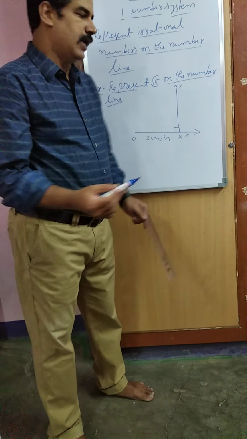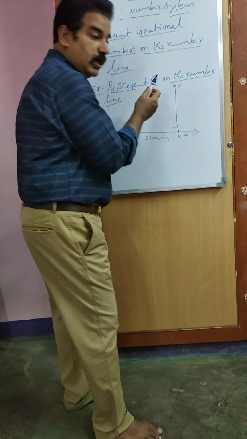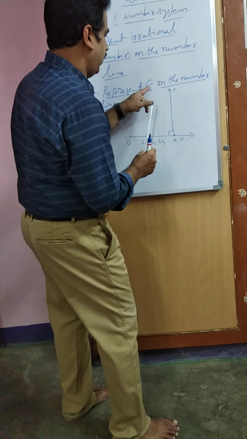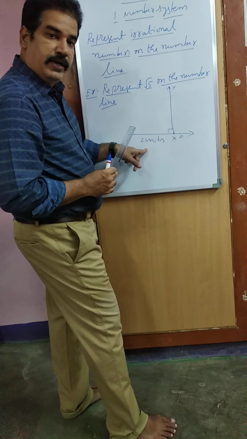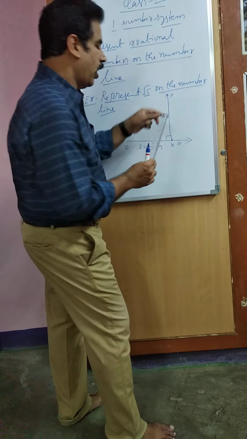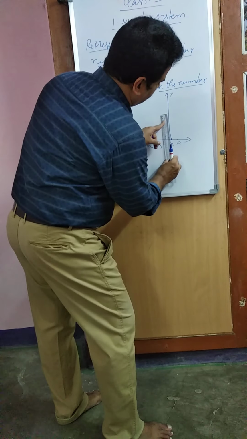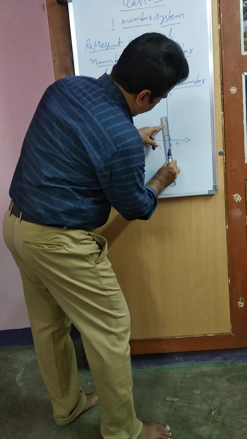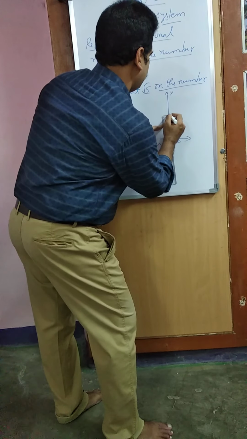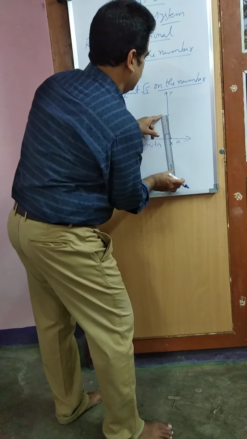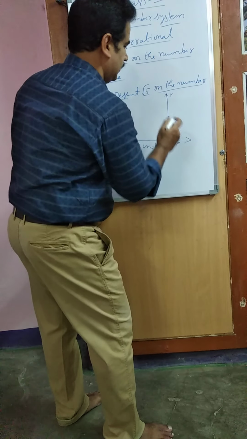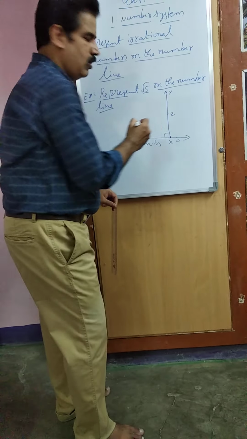Okay, and then on XY ray you have to take again 1 inch. For root 5, base you take 2 units and height you take 1 unit. That means 1 inch you take. One side centimeters will be there, one side inches will be there. That is XZ, 1 unit.